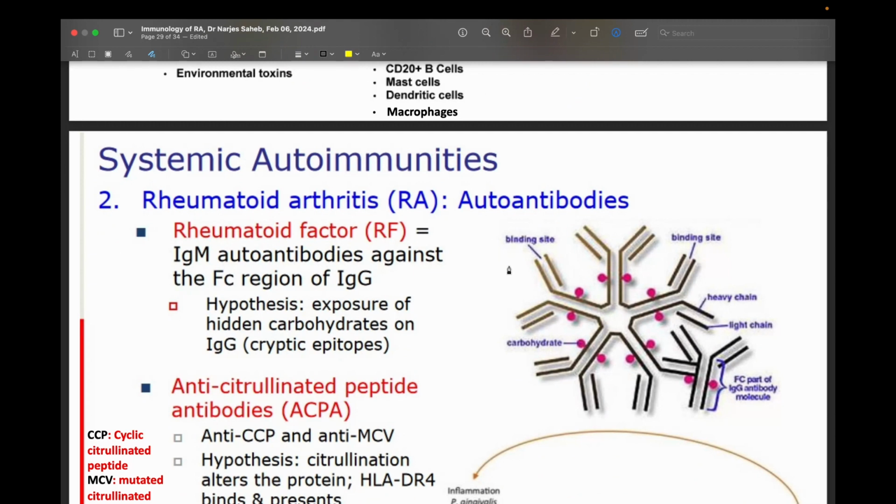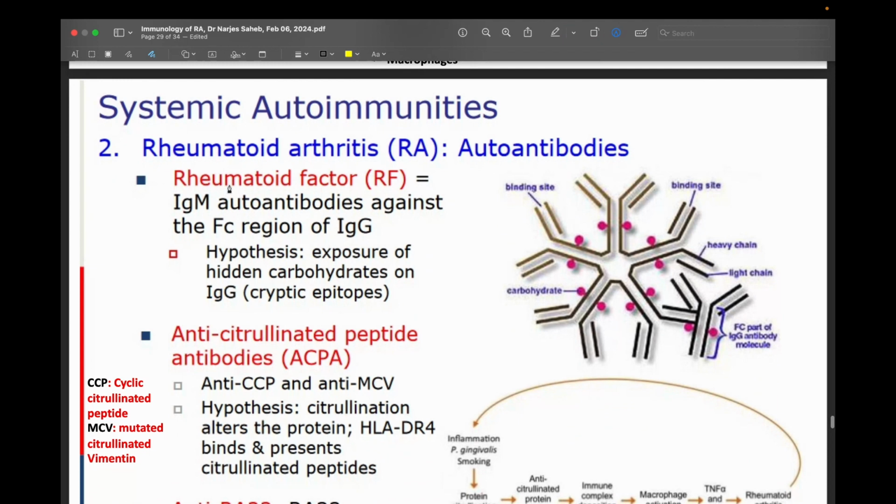First of all, what we said is rheumatoid factor, an IgM autoantibody against the Fc region of IgG. We explained why. Cryptic epitopes. The carbohydrate is exposed.